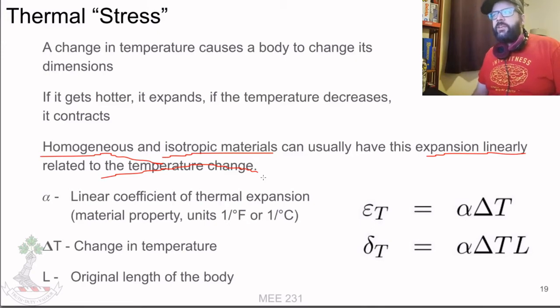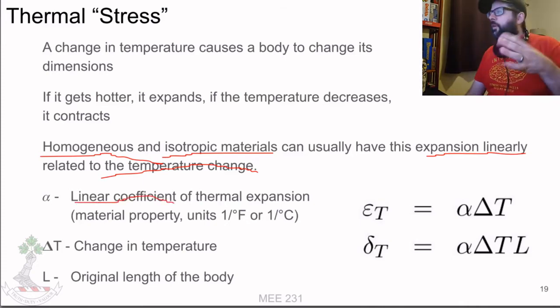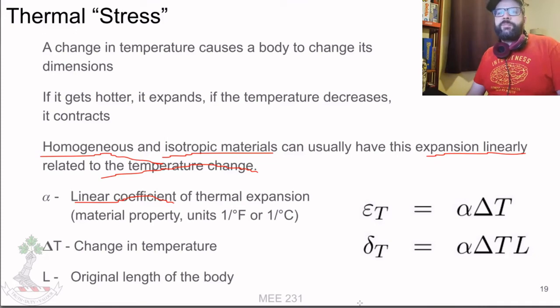Usually that is a level of detail that's a bit beyond what you need. It's a level of precision a bit beyond what's necessary. For the most part, you can approximate it as being linear over a fairly wide temperature range.